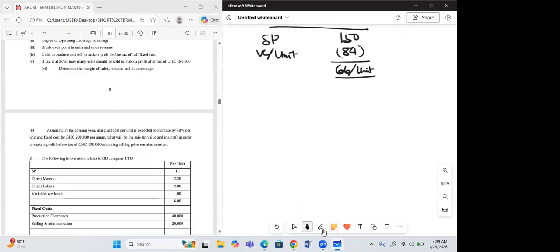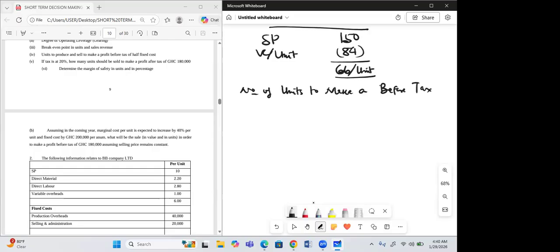180,000. So the number of units to make a before tax profit is the fixed cost plus what?